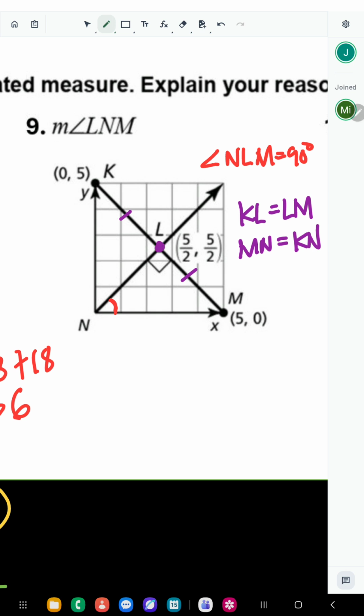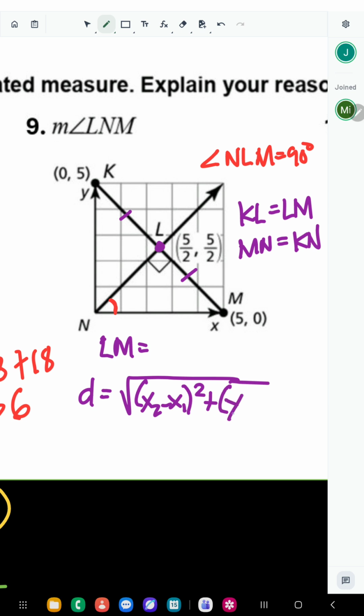This one is 5 halves, right? And that one is 5, 0. So we need to find the distance LM. Okay. So we use the distance formula. The distance formula is the square root of (x sub 2 minus x sub 1) squared plus (y sub 2 minus y sub 1) squared.